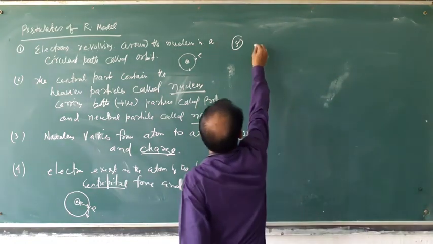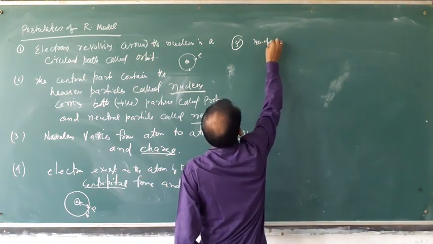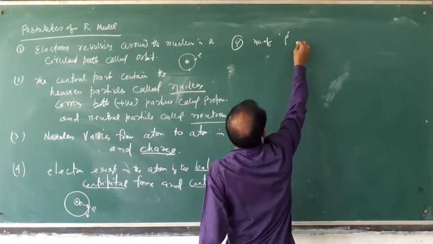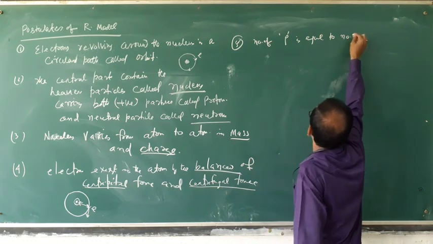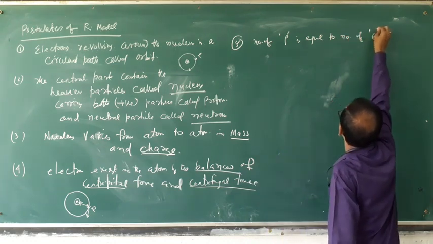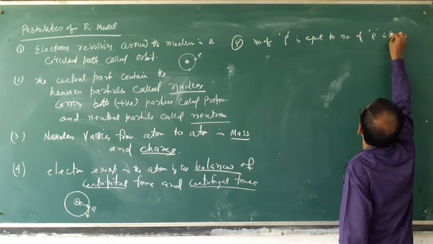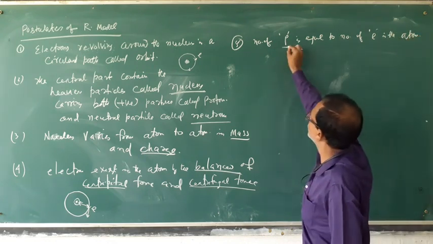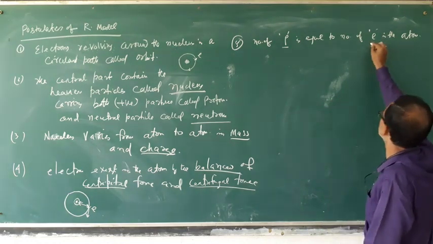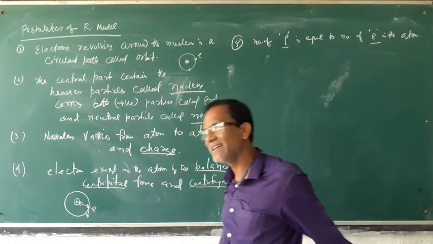Number of protons is equal to number of electrons in the atom. What does it mean? Proton is positive charge, electron is negative charge, both are equal in the atom.